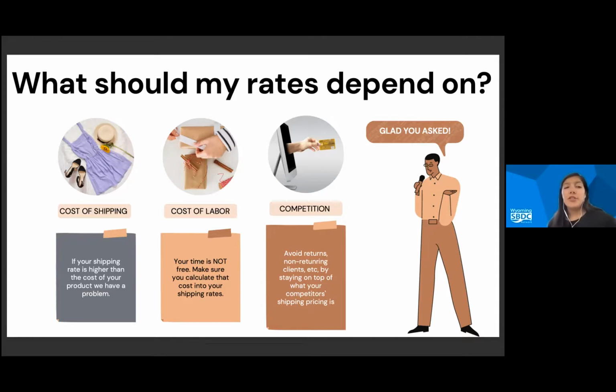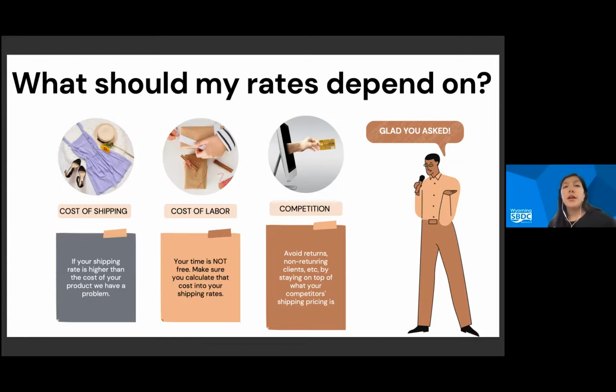Obviously, in your cost of shipping, you want to think about the actual shipping. So whether you have a relationship with UPS or FedEx or USPS, or if you're using Shippo, which is what the Shop Wyoming platform recommends, and they handle discounted labels and printing labels and things like that, then you have to know, okay, my items cost this much to ship because I know this is the box that they fit in, and I know this is how much they weigh, and I'm just shipping to, say, Wyoming, so I know that's a flat rate or whatever.